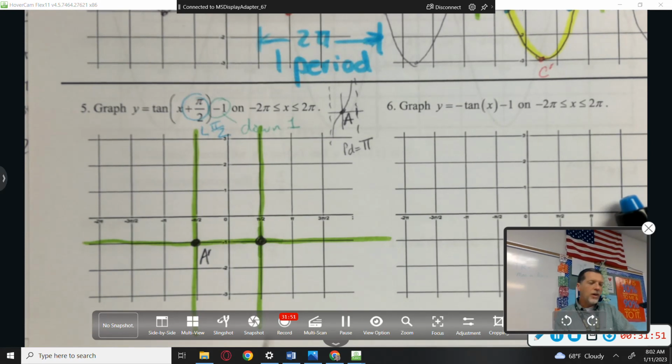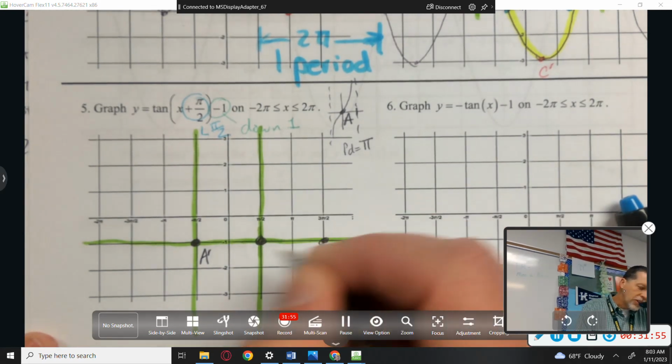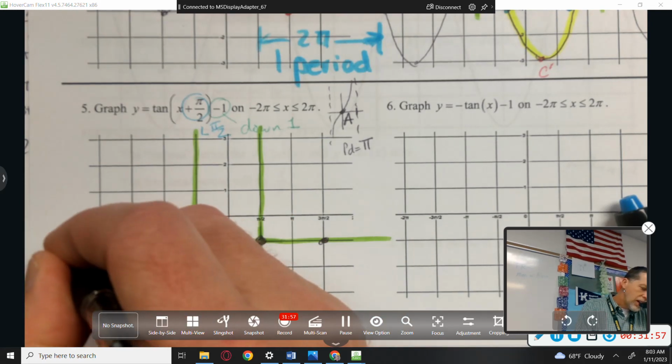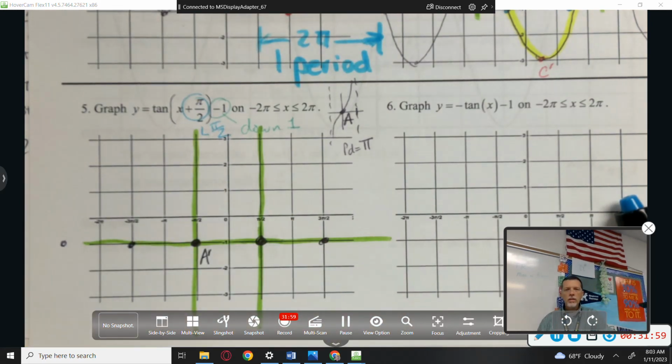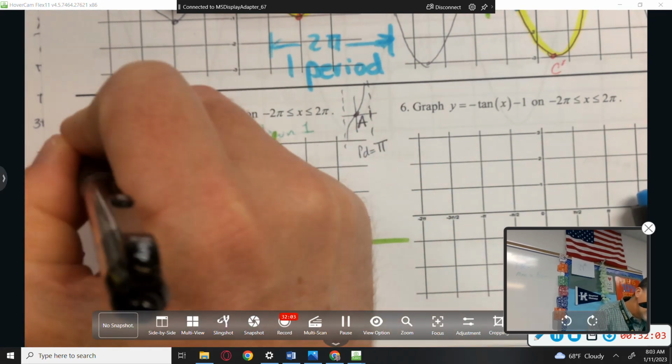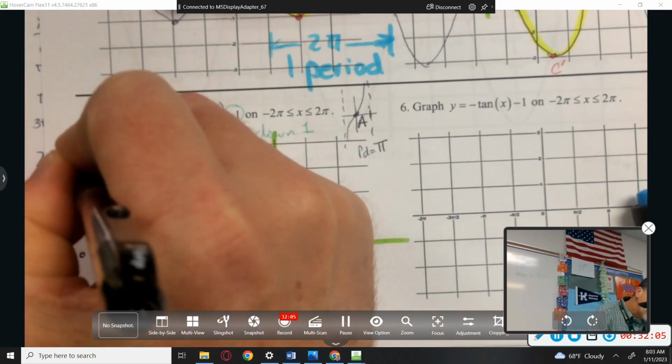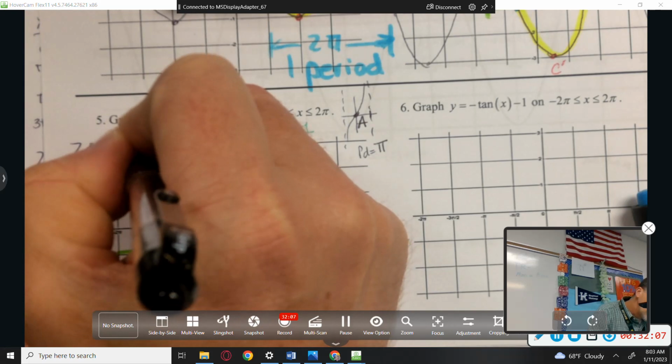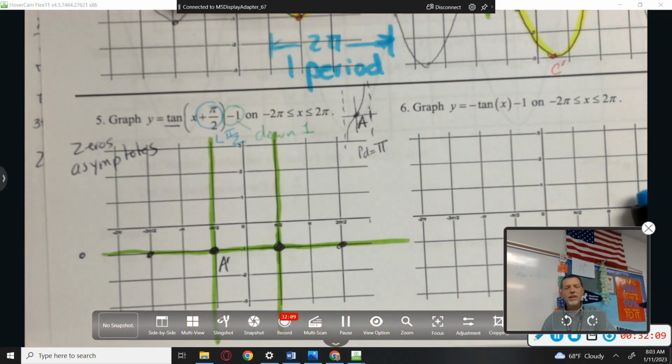So pi away, I have another 0, and pi away, another 0. So for tangent, if you get the zeros and asymptotes, then you're going to be fine. And the asymptotes are always halfway in between the zeros.